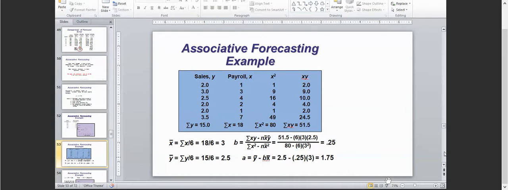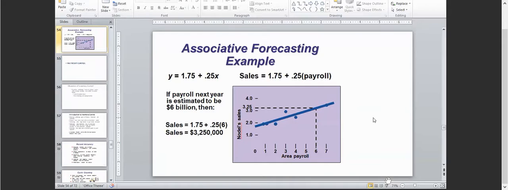value needed to forecast using the regression linear analysis. Based on this value of a and b, we can develop the equation for regression analysis, where y equals 1.75, the value of a, plus 0.25, the value of b, times x.